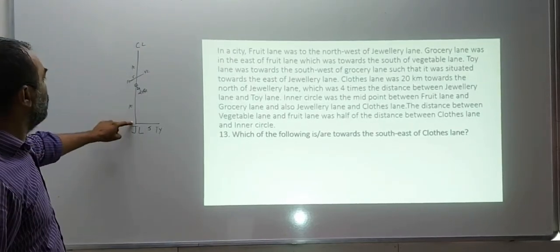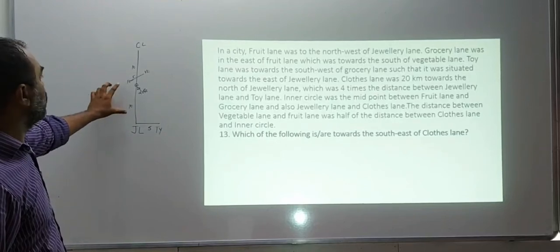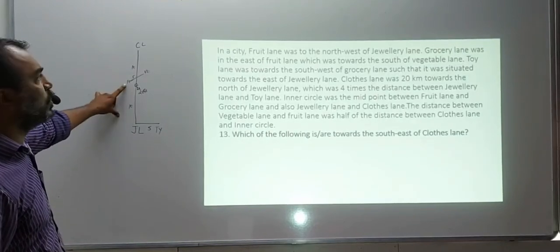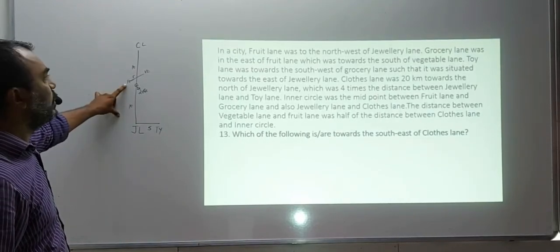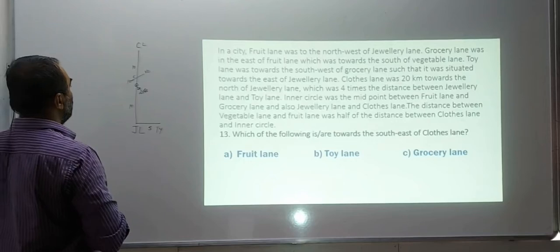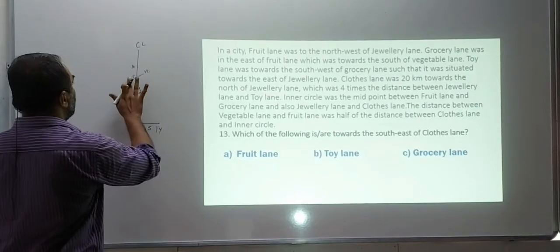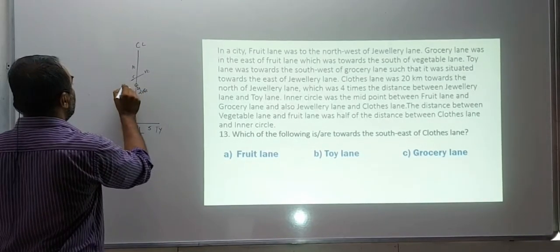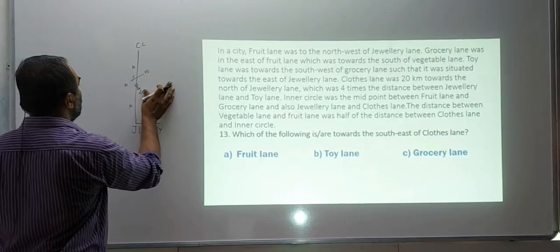Fruit Lane is to the northwest of Jewelry Lane. Grocery Lane is the east of Fruit Lane. So this will not do. So we have to put Fruit Lane here because we are given Grocery Lane is to the east.